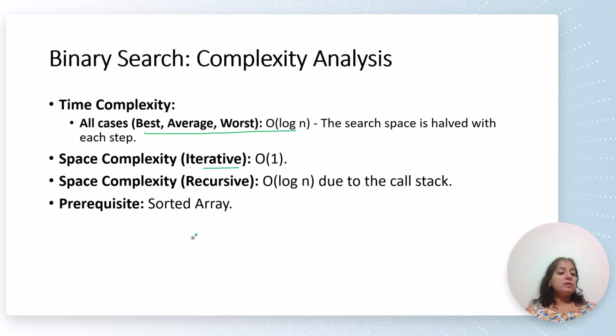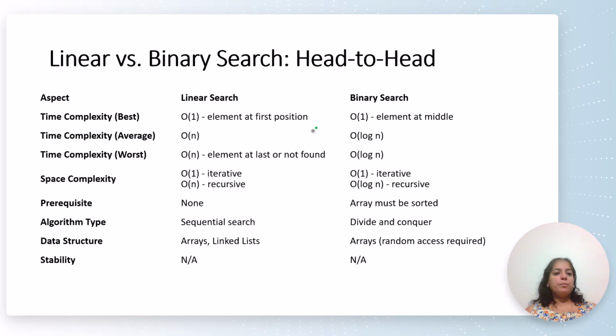But in the case of recursive, as I told you, binary search can be implemented as a recursive algorithm also. In the case of recursion, the space complexity is big O of log n as it requires additional stack space to maintain the recursive calls. The prerequisite is a sorted array. It requires a sorted array.